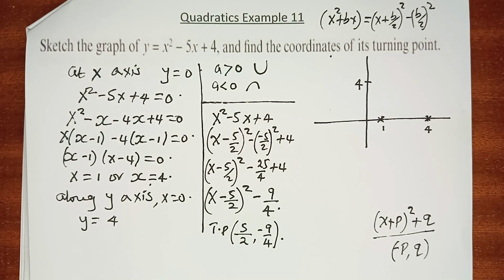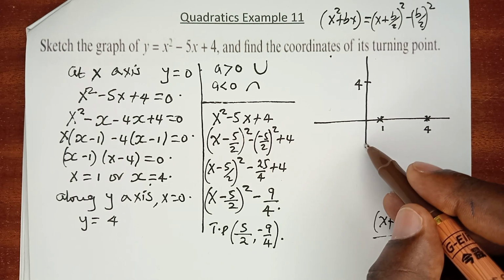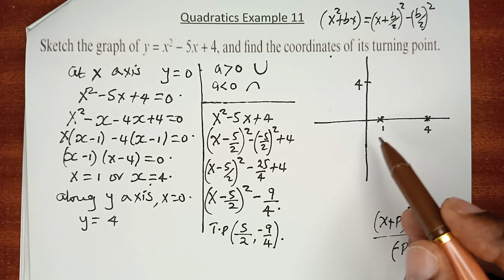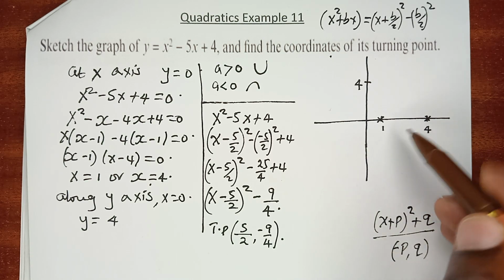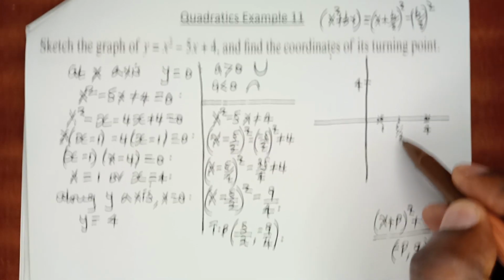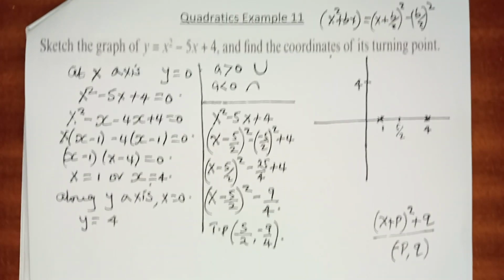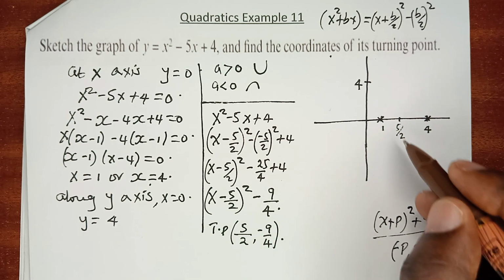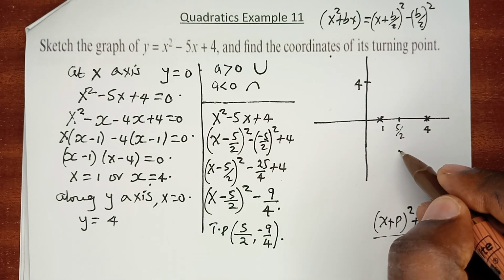If I may go back to the diagram and illustrate where this turning point is. 2.5 is this 5 over 2. And we can see minus 9 over 4 is on the negative side somewhere here.